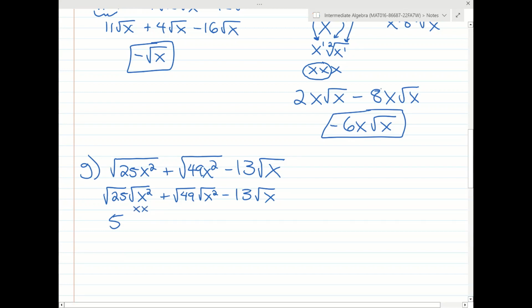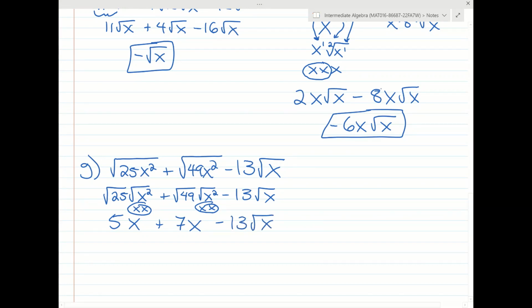And if we're looking for groups of 2, it's just x plus 7x minus 13 root x. And then combining our like terms here, we get 12x minus 13 root x is just this.